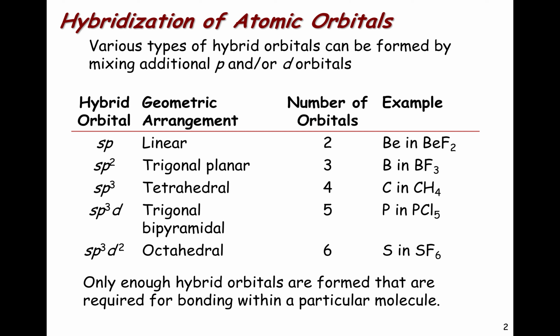These are the d orbitals that are part of the inner shell, and so this trigonal bipyramidal structure is referred to as the sp3d hybrid combination, and PCl5 is a good example of that. And then finally, in an octahedral kind of shape, we need 6 orbitals. So we need 6 hybrid orbitals coming from an sp3d2 type hybrid orbital.